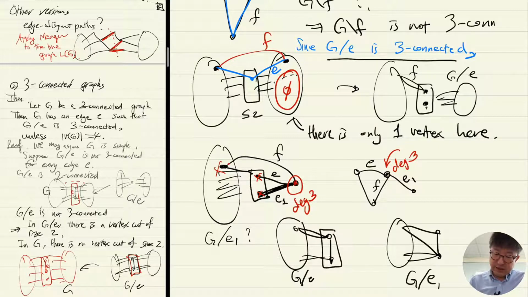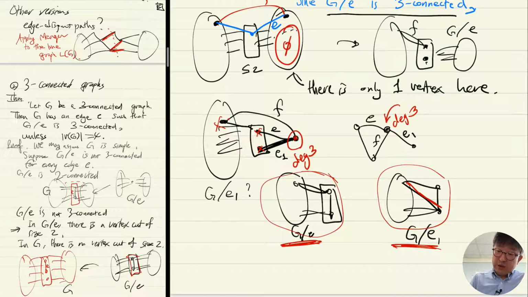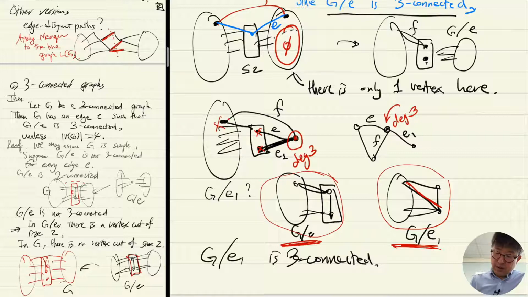So if I ignore this edge, then all the edges here are present here, and it may have more edges. So if this is 3 connected, that's 3 connected. So we know that G contract E1 is 3 connected, but it's not simple.